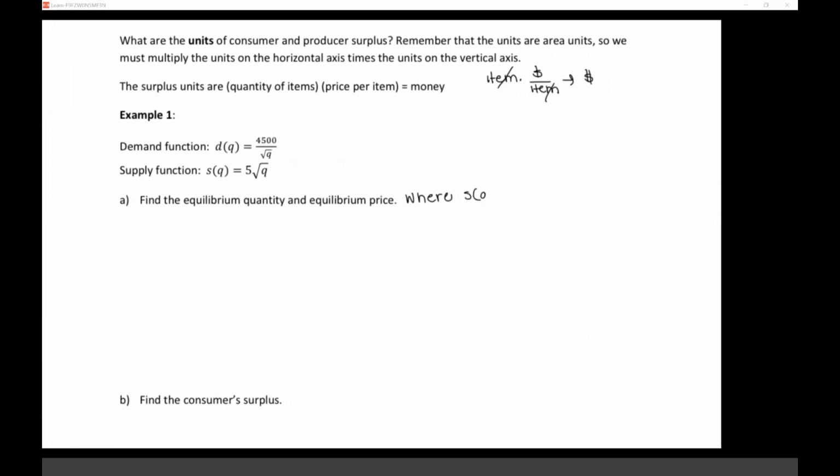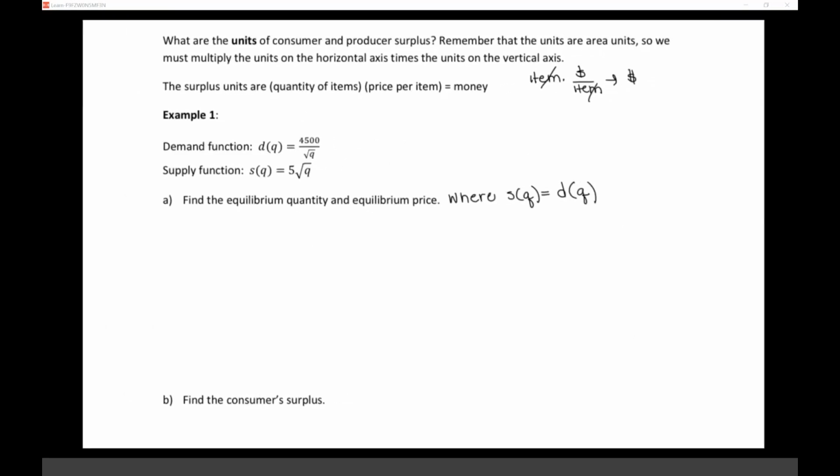So it's where S of Q equals D of Q. Essentially, they gave you the two equations. All you need to do is set them equal to each other. So there's my demand equation, and here's my supply equation. I'm basically setting them equal to each other, and then I'm going to solve for Q.